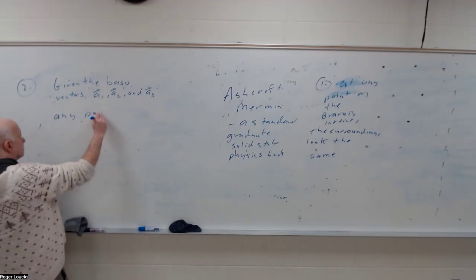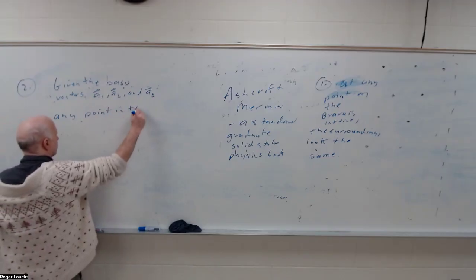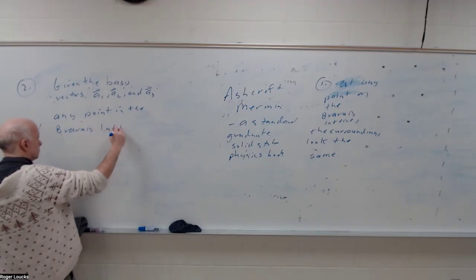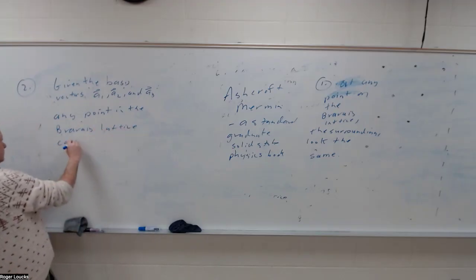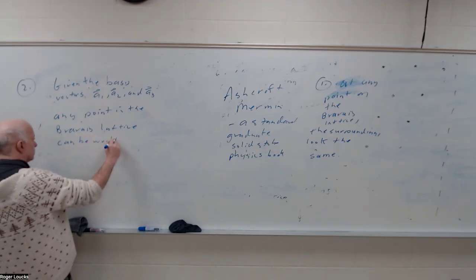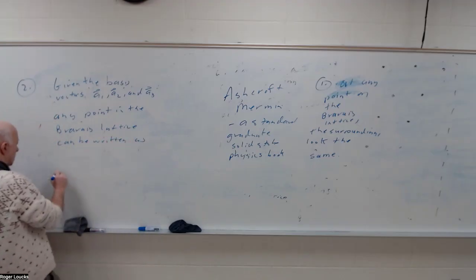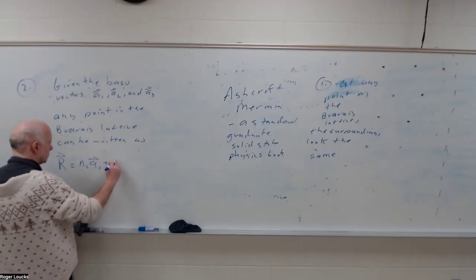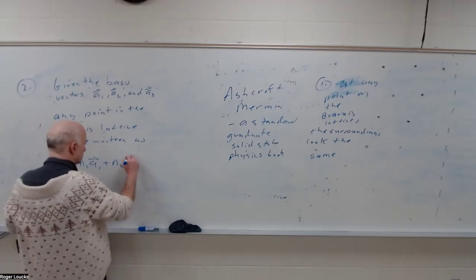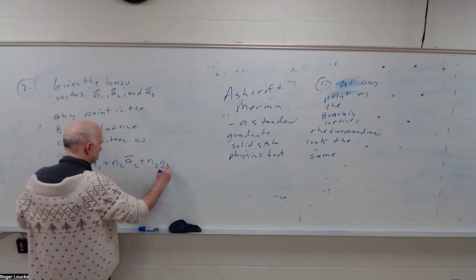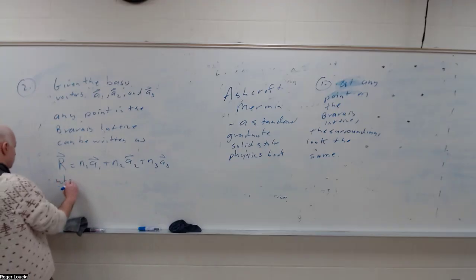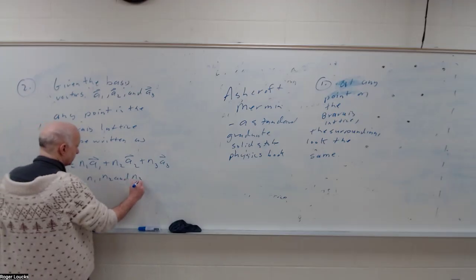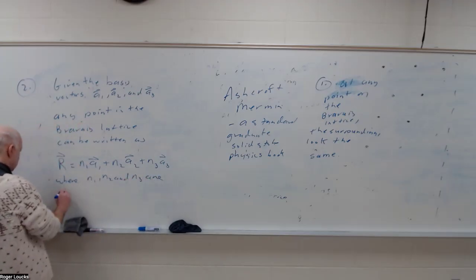Any point in the Bravais lattice can be written as, I'll call this R, N1 A1 plus N2 A2 plus N3 A3, where N1, N2, and N3 are integers.